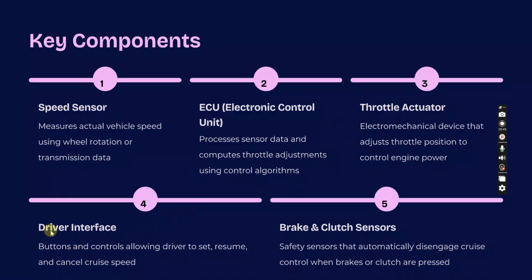Fifth, we have the driver interface, buttons and controls allowing the driver to set, resume, and cancel the cruise speed. Sixth, we have the brake and clutch sensor, which is necessary as we discussed in the example of brake and accelerator over cruise control. It is a safety sensor that automatically disengages cruise control when the brakes or clutch are pressed.